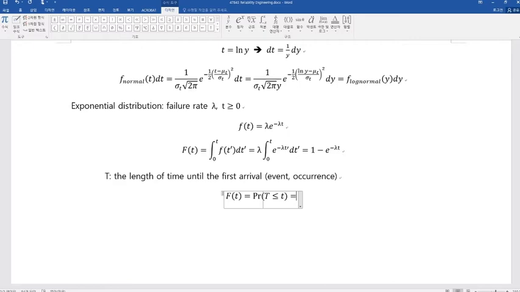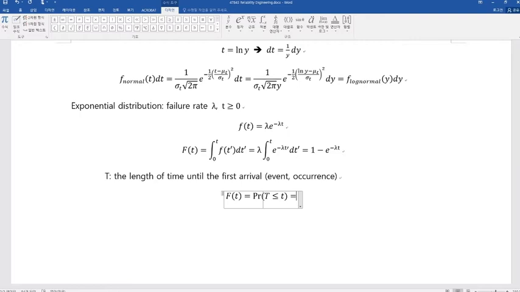So Poisson distribution provides us the probability distribution for a specific number of event occurrences during time t. So if we interpret the same probability with the terms used in Poisson distribution.